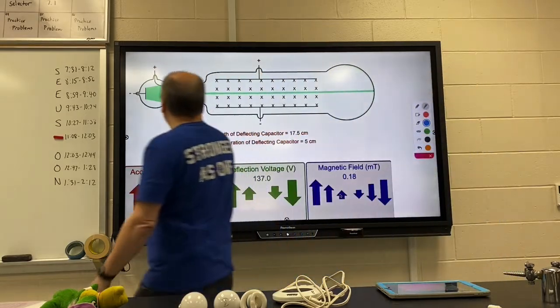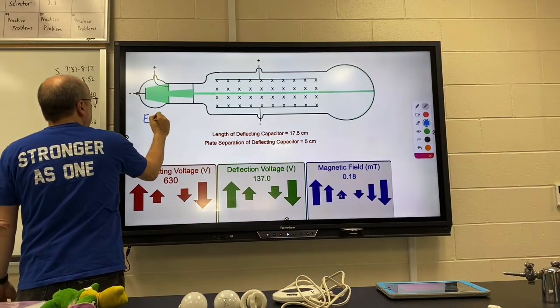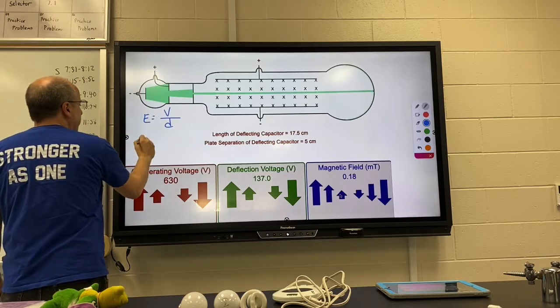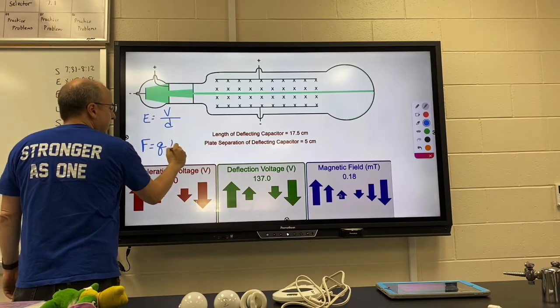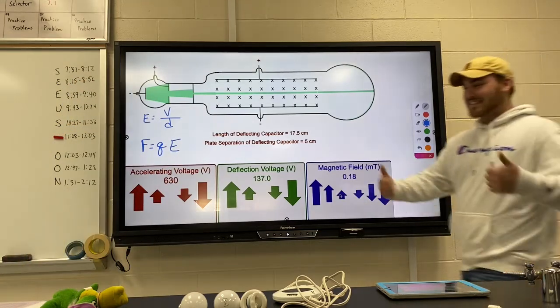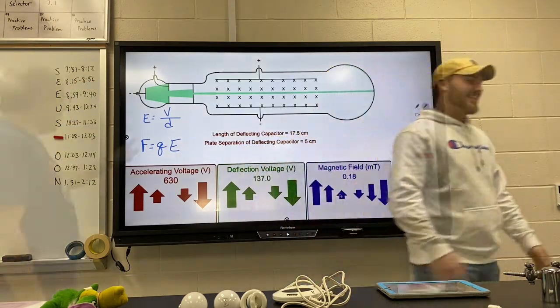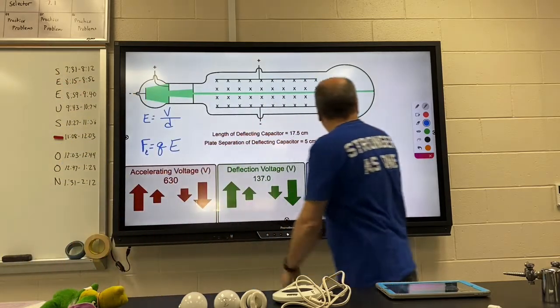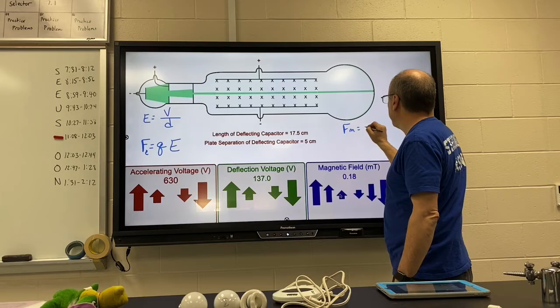We start with the force electric. We do the same formulas we did last week. Okay, once you have your force electric, you then come over and look at the force magnetic.